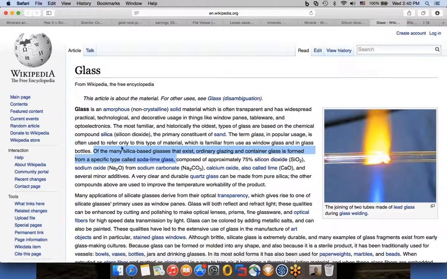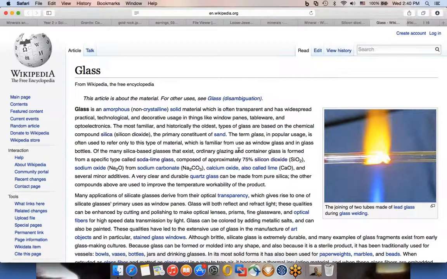So what this is saying is that there are many ways of making glass, but the one that is used mostly for glazing and making containers, bottles and glass panels in windows and so on is what is called soda lime glass, and it is composed 75% of silica, silicon dioxide, okay? Then it has sodium oxide.